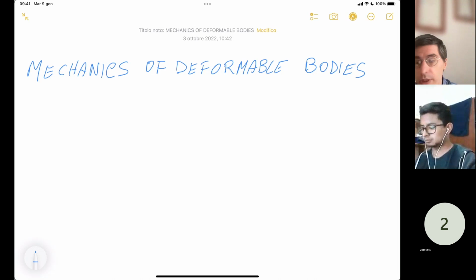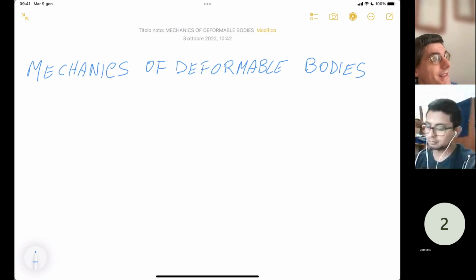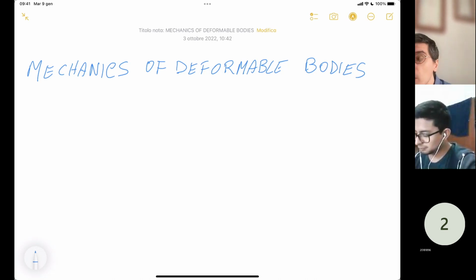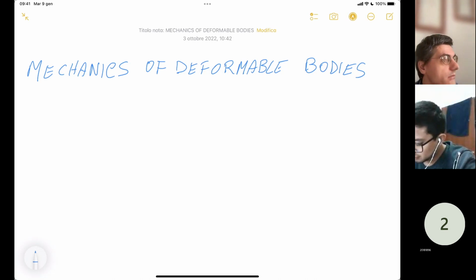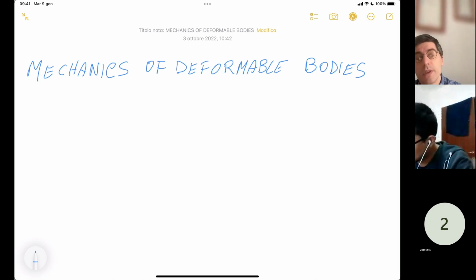I'm sure that you already know that mechanics is the part of physics that studies the motion of bodies in general. When you study deformable bodies, you don't study motion in general, but just some very specific part.